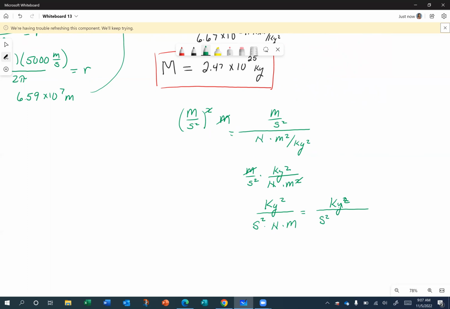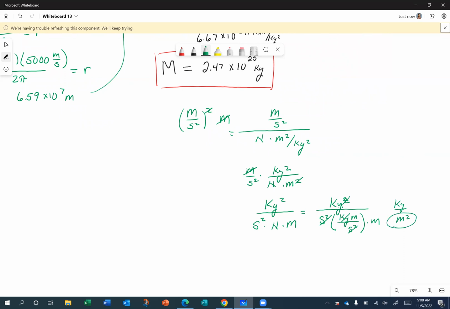A Newton is a kilogram meter per second squared times a meter. That needs to stay on the bottom, ending up with an extra meter here. One kilogram cancels. We end up with kilograms over meters squared.